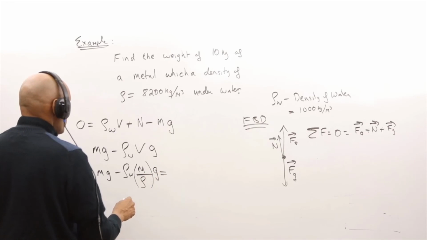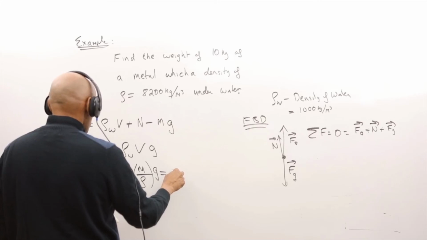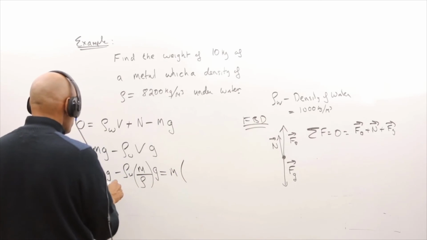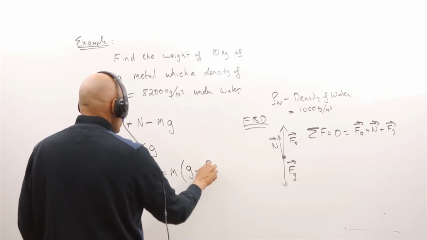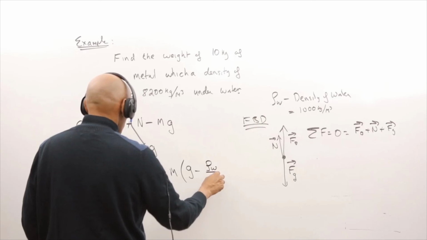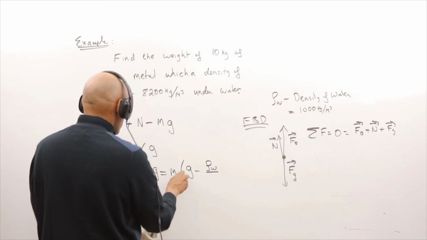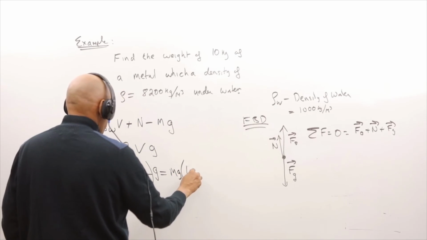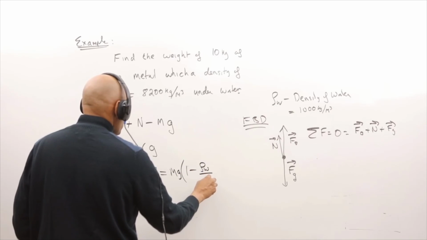So here is our g. That would mean I can factor out the mass, so it's g minus the density of the water. Oh, actually I can factor out g too, sorry. I'm thinking today. So N equals mg times 1 minus rho W, the density of water over the density of the object.